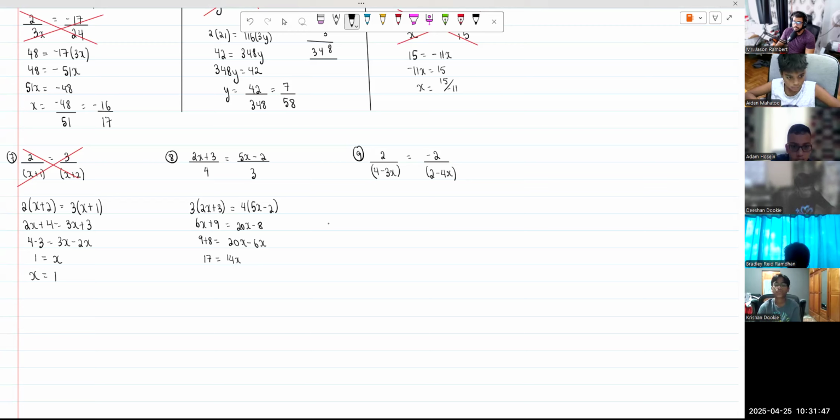That's the same thing as saying 14x is equal to 17. And x is equal to 17 over 14. Are you cool with that? Adam, you saw a mistake? See it?